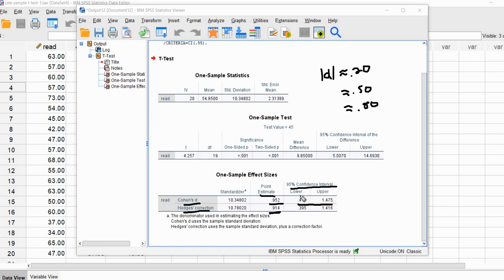The lower bound for Cohen's d is 0.412, which would put us somewhere in the medium-ish range, whereas the upper bound puts us in the large range with respect to the magnitude that we are observing. We could draw a similar conclusion with respect to Hedges' g. At any rate, that is essentially our first demonstration of the one sample t-test.